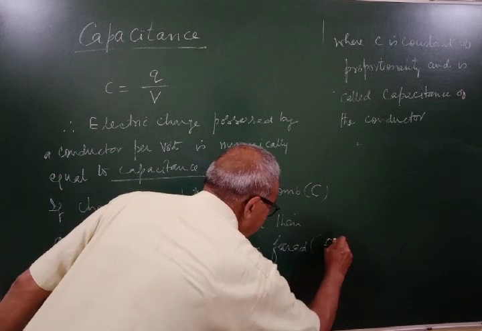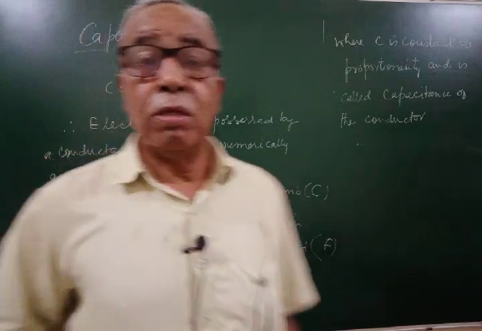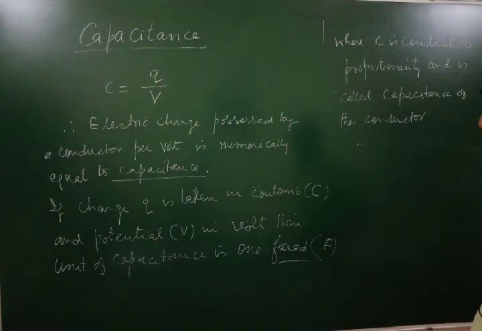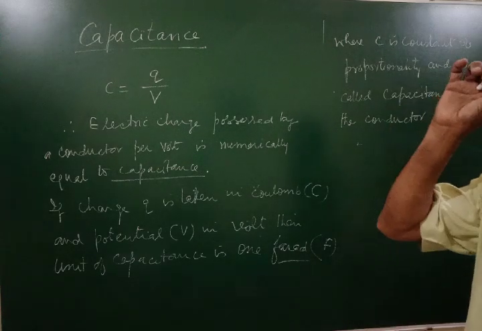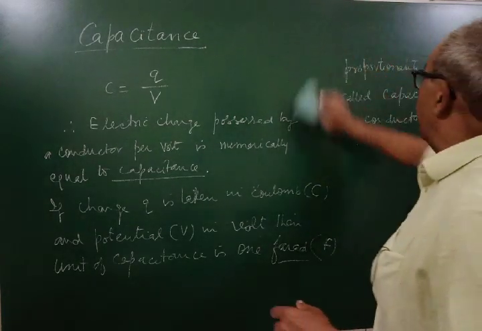Capital F is the symbol for farad. The word has been derived from Faraday, the scientist who did a lot of work in science. So the unit of capacitance is farad.